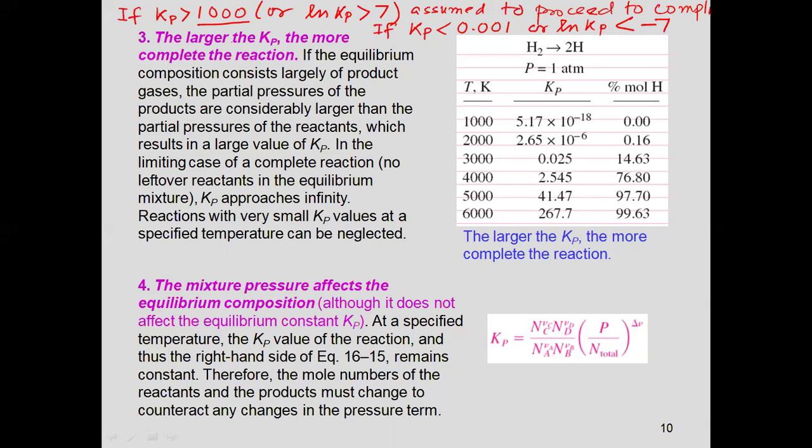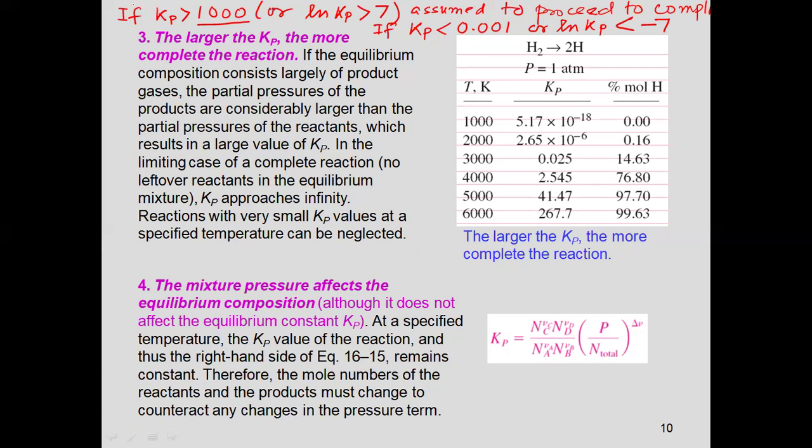Okay, so you will see in the chart that for a particular reaction, the Kp value depends on temperature, and sometimes the same reaction does not take place at all when the temperature is very small, and at a high temperature, the reaction is almost complete.